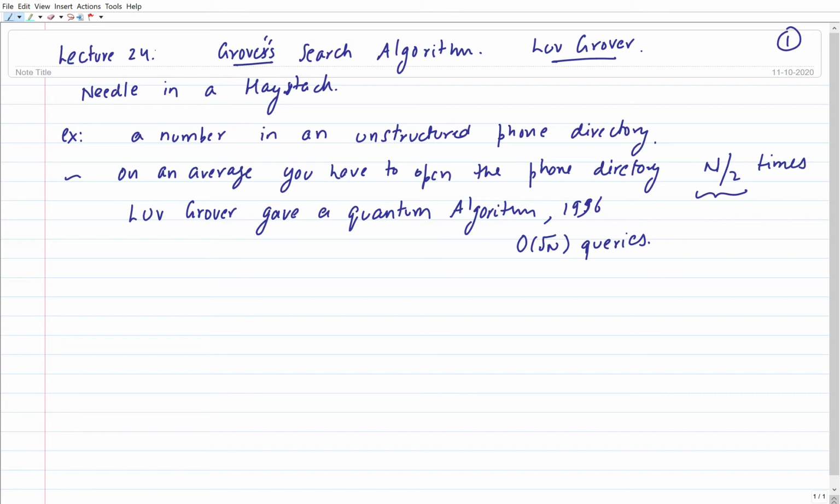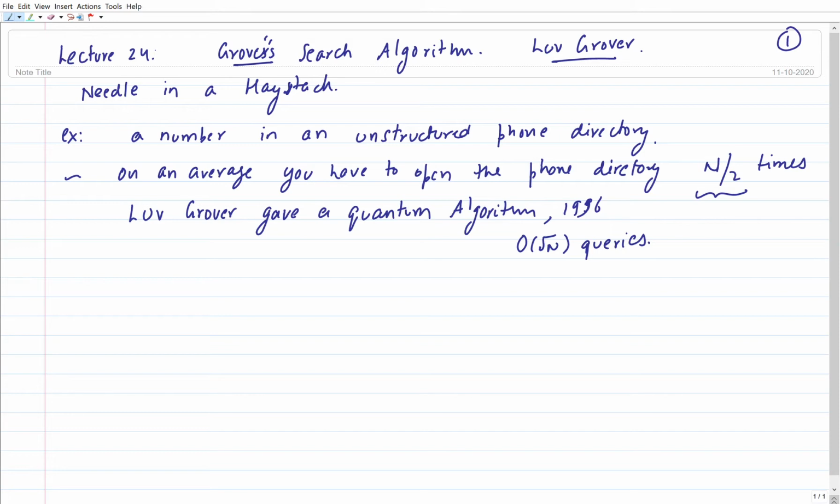Mind you, this is not an exponential speed up, but still it's something which is non-trivial.